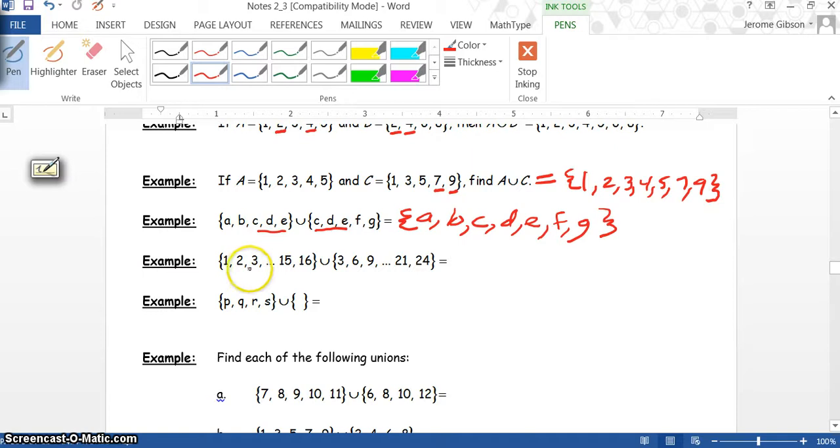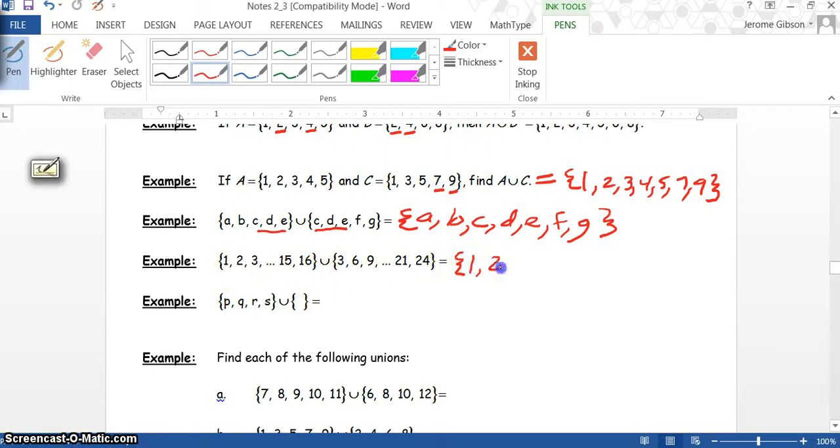Now example, we have {1, 2, 3, ellipsis, 15, 16} union {3, 6, 9, ellipsis, 21, 24}. So now if you look here, this is going by ones and this is going by threes. So the first thing is this here. We know that all of this will be a part of the answer. So we know 1 through 16 will be part of the answer. This right here is going to get, I would say, a bit lengthy, but this is how we could write this.